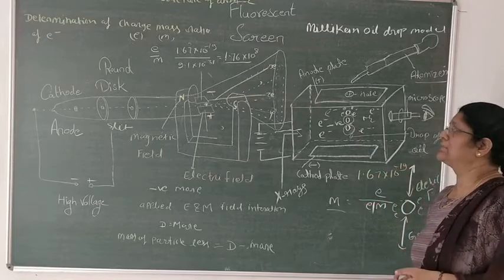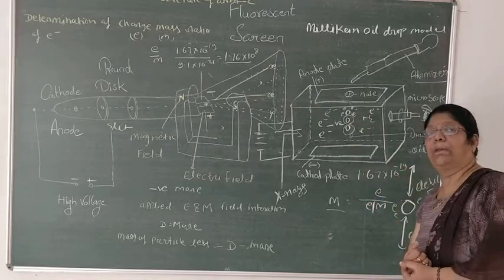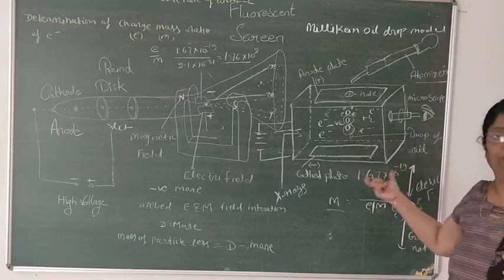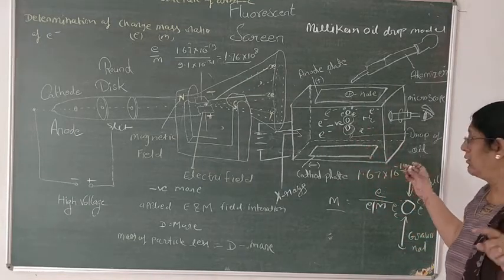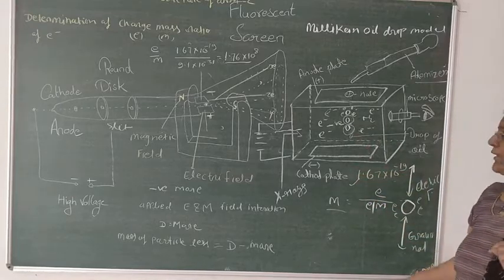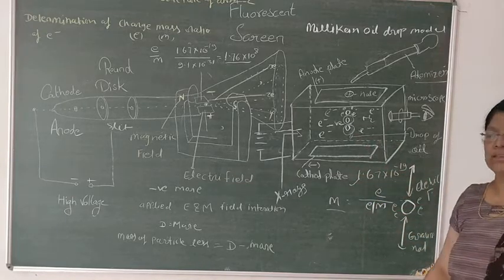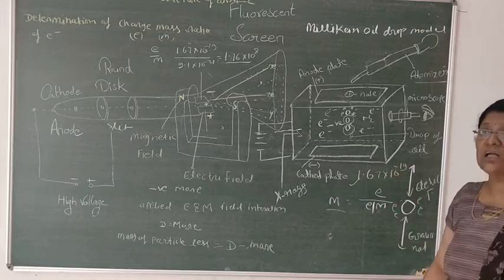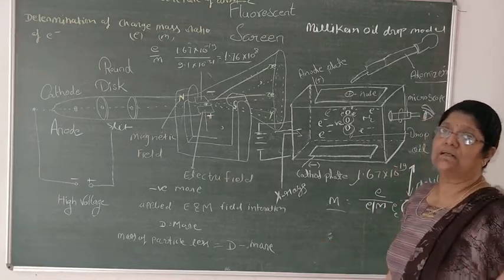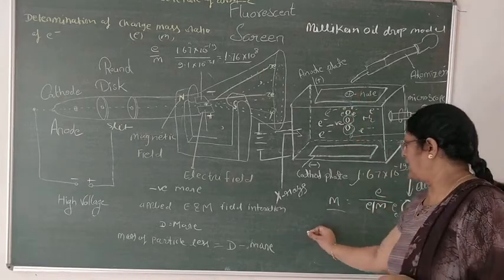It doesn't happen that all the droplets will give the same charge, but they will give integer multiples of this value. So the lowest value is 1.67 into 10 to the power minus 19. That is the charge of any negative particle which is present as an electron in any atom.